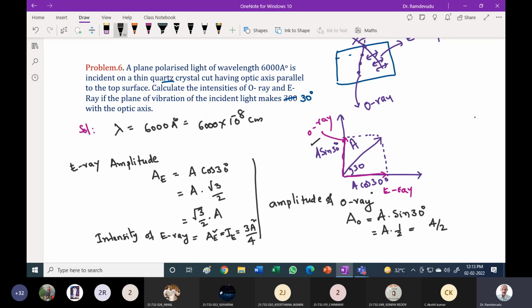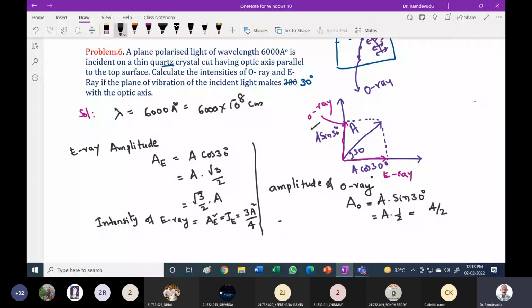Similarly, I'll find out the intensity of O-ray, which is AO square, equal to IO. Therefore, IO is equal to A square by 4, the square of this.